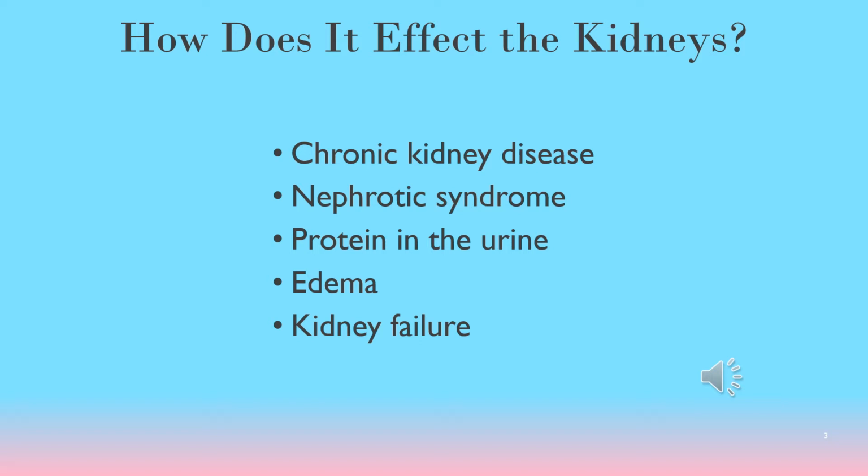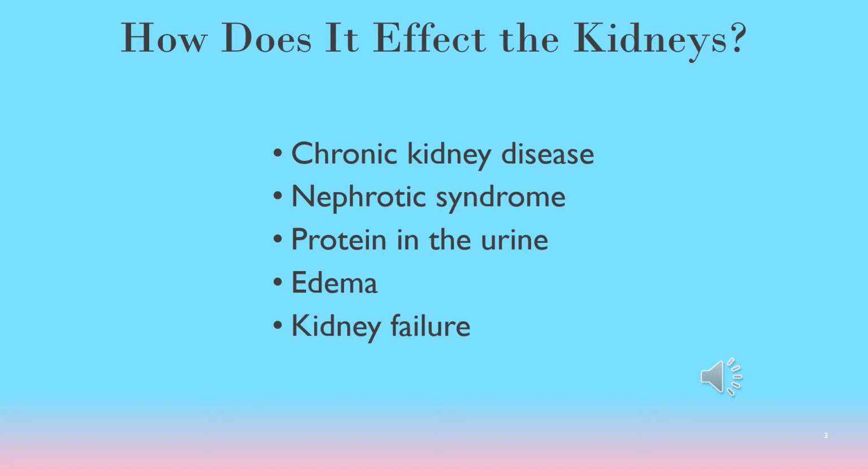Now, how does it do this? Well, what happens with these proteins is when they get misfolded, they finally get a collection of them that gets to be where they cannot actually pass through the kidneys and filter out all of the waste products that they need to because they block everything off.